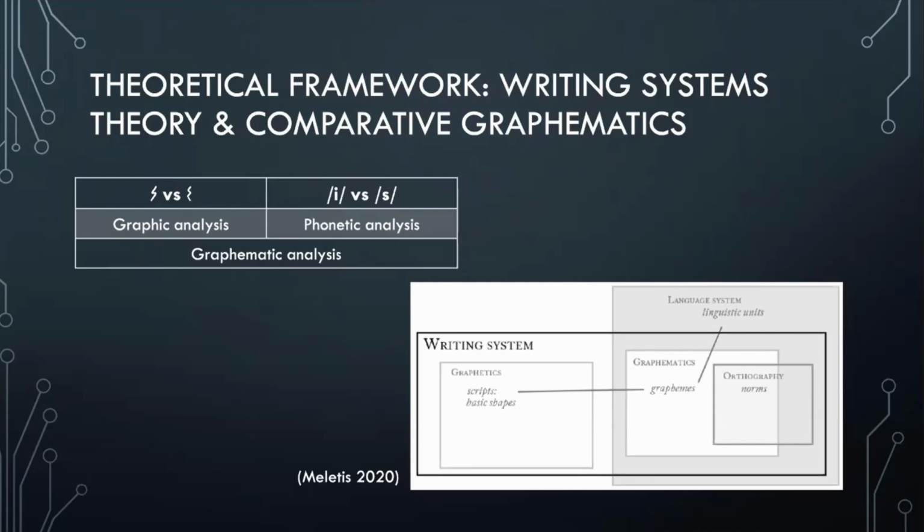And doing this comparison of the graphic and the linguistic elements all together across writing systems is the basis of comparative graphematics. So you can see how this is very different from the examples that I mentioned before with those 3 sentences, right? Because we know that in linguistic terms, graphemes and phonemes are not the same as words and meanings.